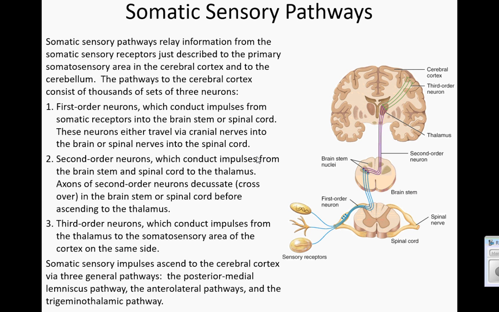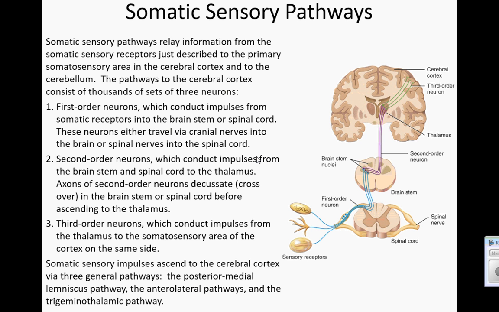Now, I've already been talking about first order, second order, third order neurons, but this is pretty cool to talk about and important as well. Those various somatic sensations, as I say, not sensory sensations, are going to relay information from the receptors that we just described, ultimately landing in our primary somatosensory area of our cortex.